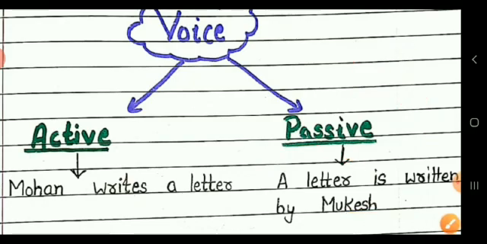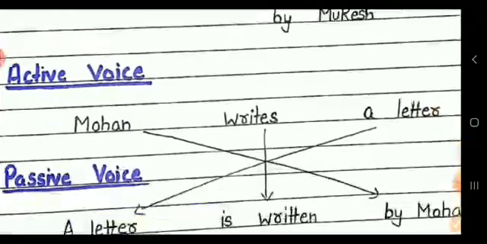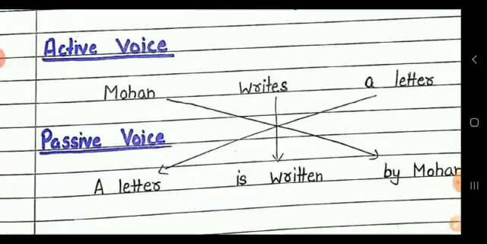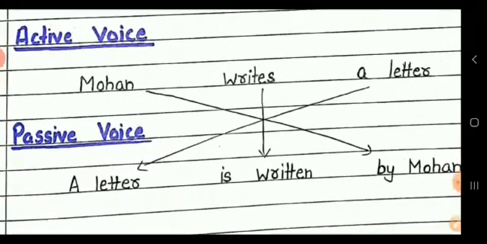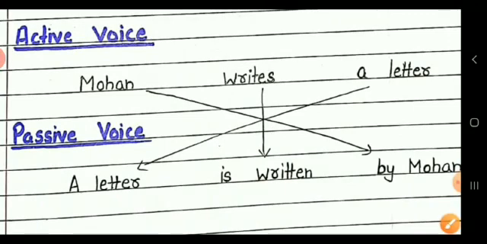So these are two types, active and passive. Now I am taking two examples to elaborate. Active voice, Mohan writes a letter, and passive voice, a letter is written by Mohan. Clear?